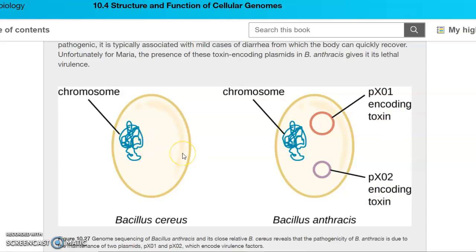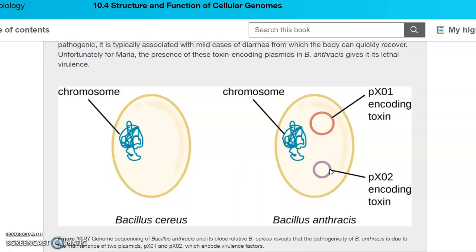And Bacillus cereus doesn't cause infection at all because it doesn't have that information. So the pathogenicity of Bacillus anthracis, or its ability to cause disease, is due to the information contained on its plasmid.